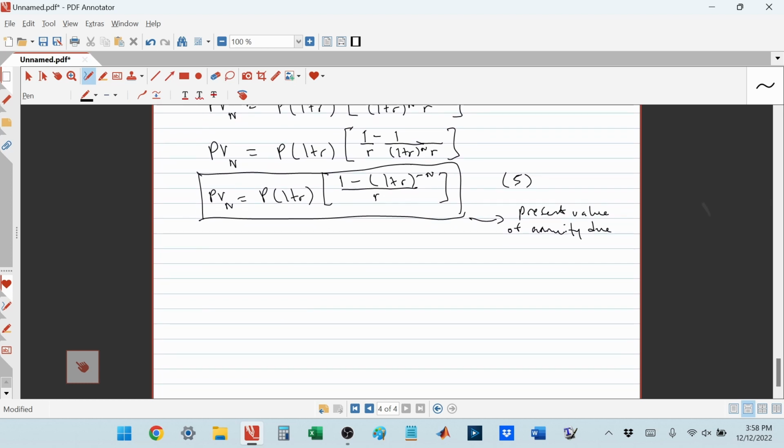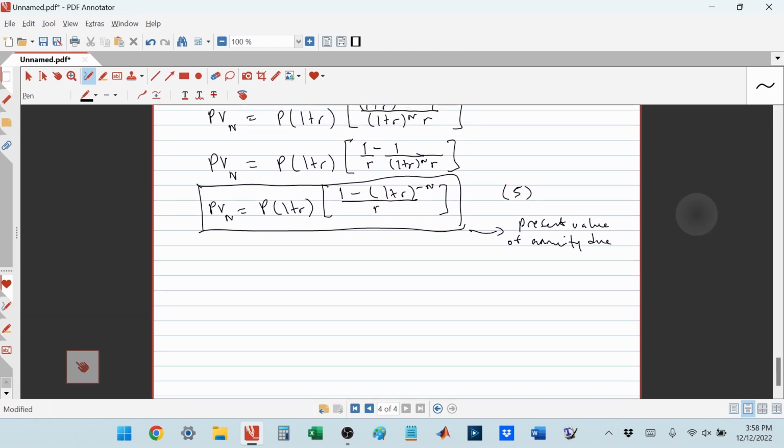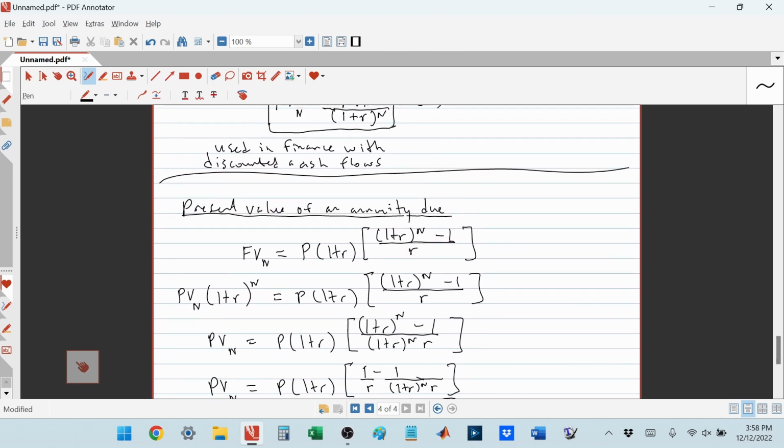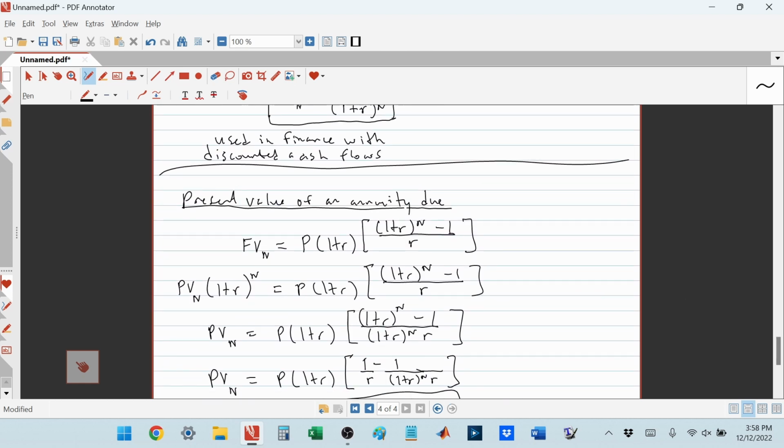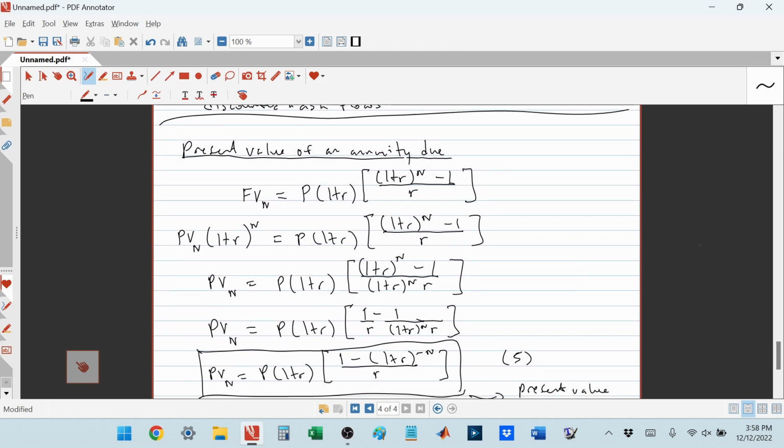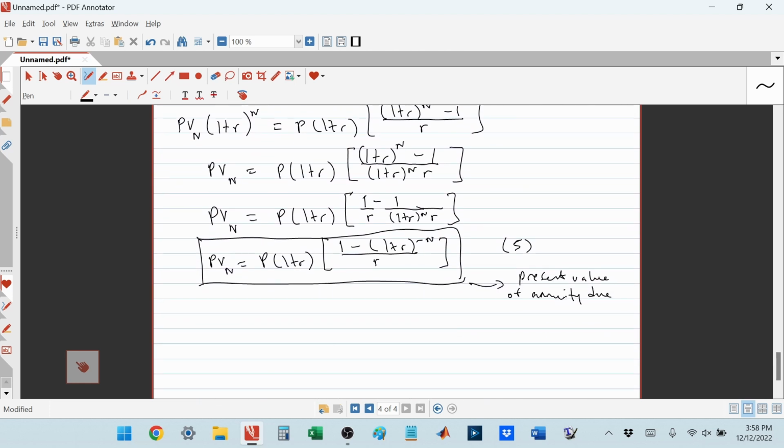And then our sixth equation is the present value of an ordinary annuity. And this is going to line up with our future value of an ordinary annuity. It's the same derivation as with the annuity due.